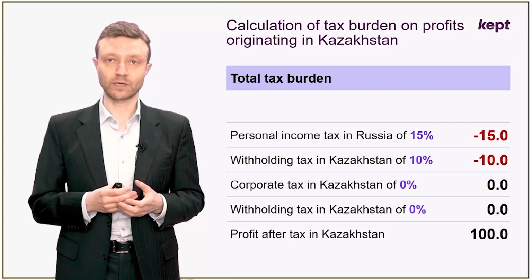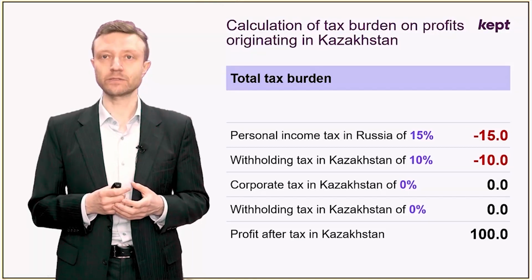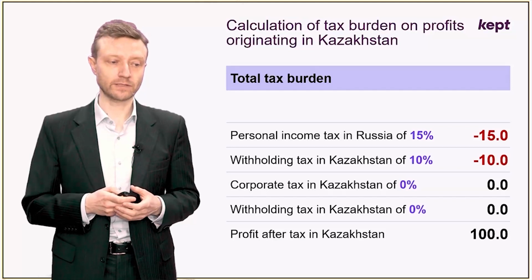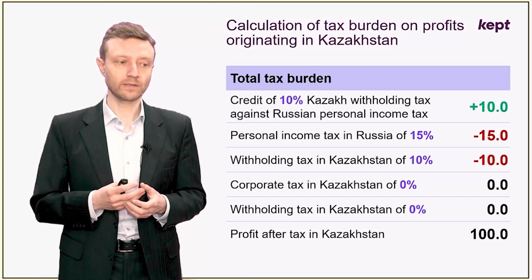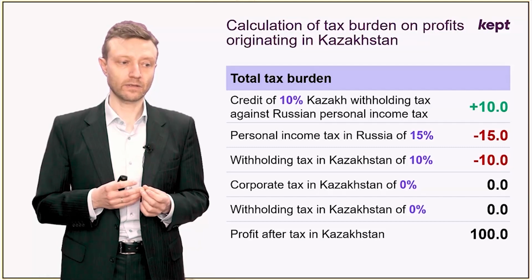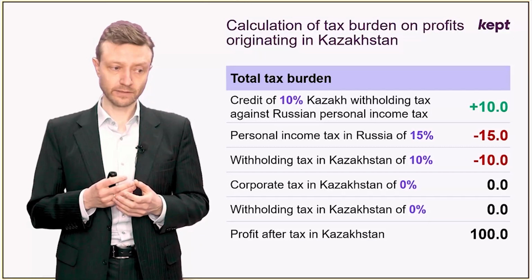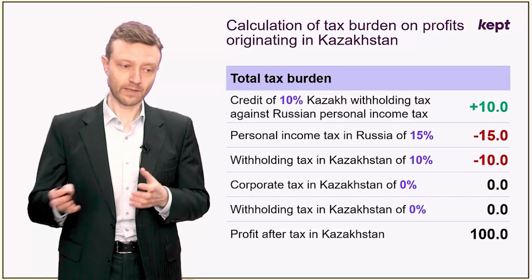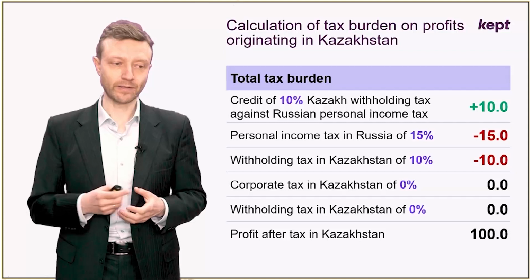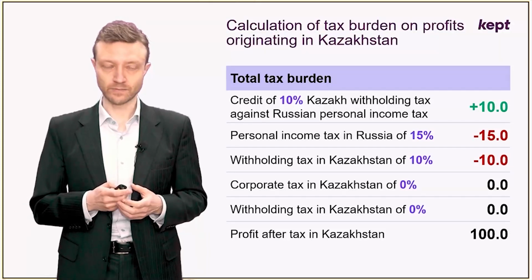Their Russian personal income tax liability is 15%. This is why 15 units of tax is accrued, but there is a possibility to credit the Kazakh withholding tax against the Russian personal income tax. This credit is positive. It reduces the tax burden.